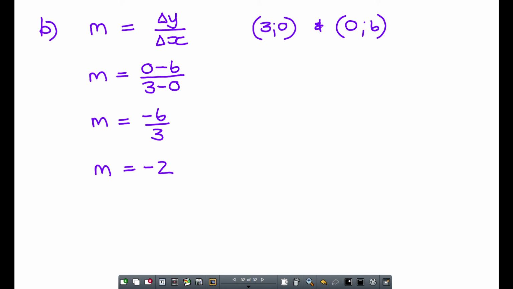Okay, right. So you guys will remember that earlier on I said the equation of a straight line, or the general formula, is y is equal to mx, and then this last part, plus c. Now what did we say? That plus c was our y-intercept.